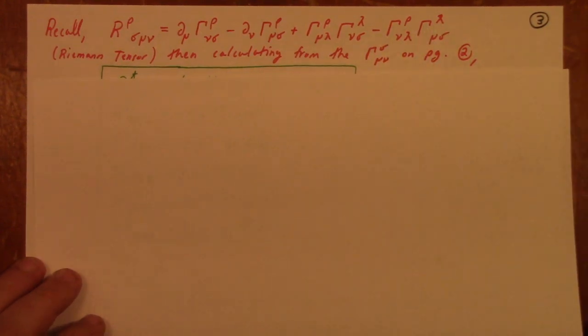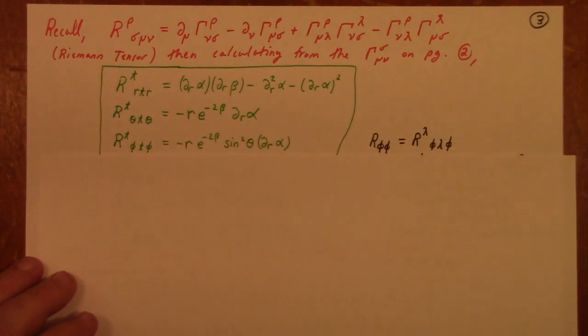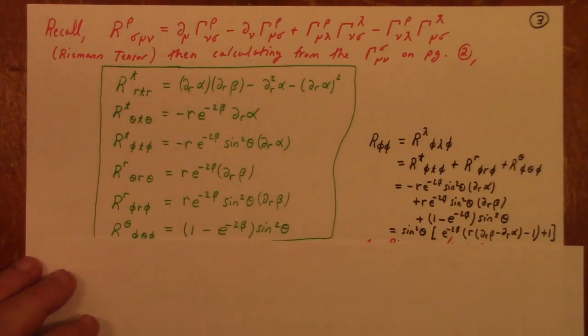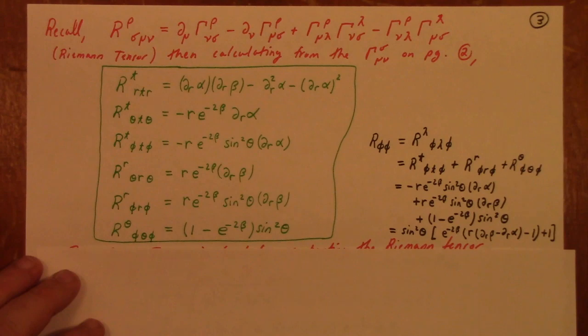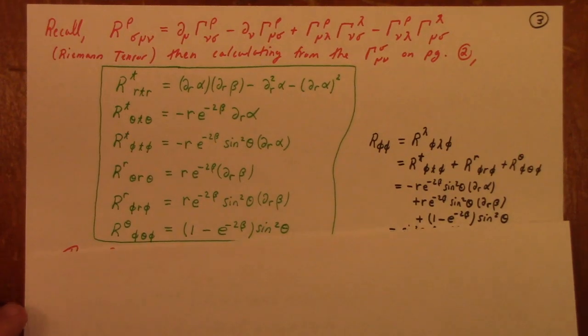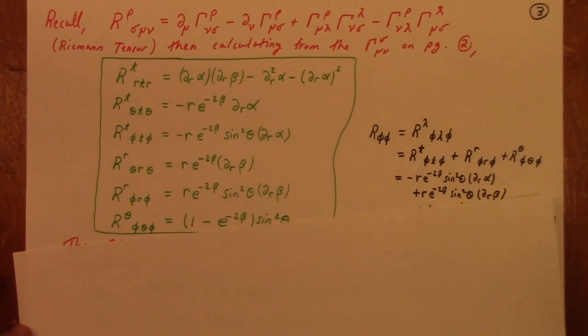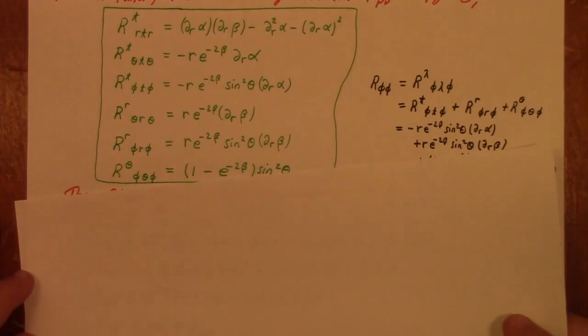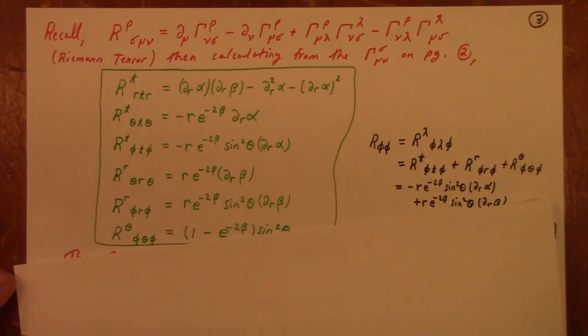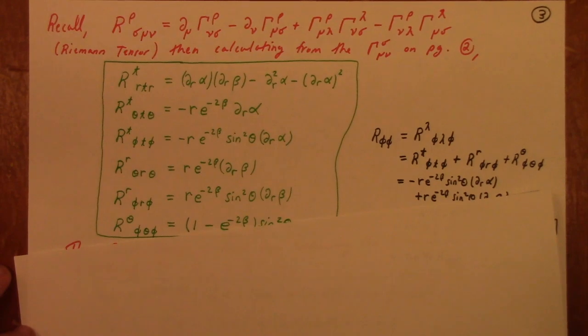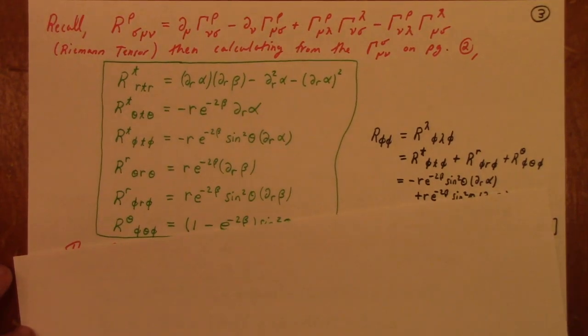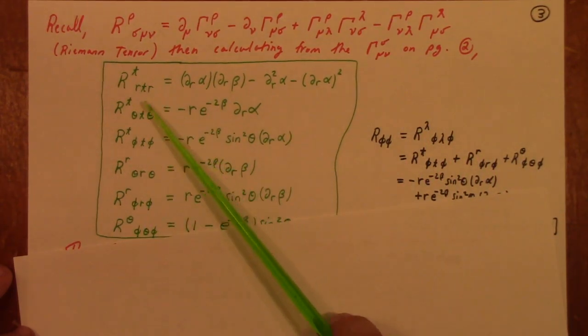And so using the formulas we said on page 2, you can derive these components of the Riemann tensor. Like, for example, I didn't derive these actually, but you could, and that would be good homework for you to do, I think, because the homework at the end of this chapter is a little bit much. So a good exercise for a student in this course would be to pick a couple of these to see if you could work them out.